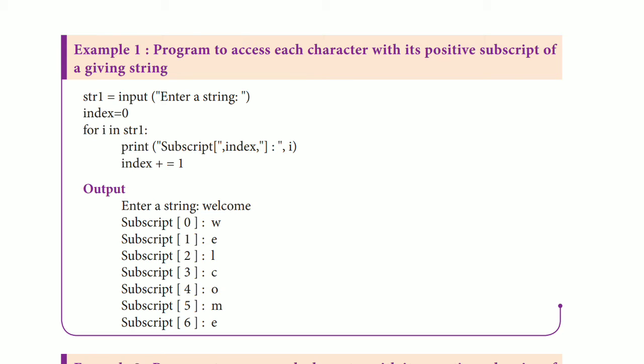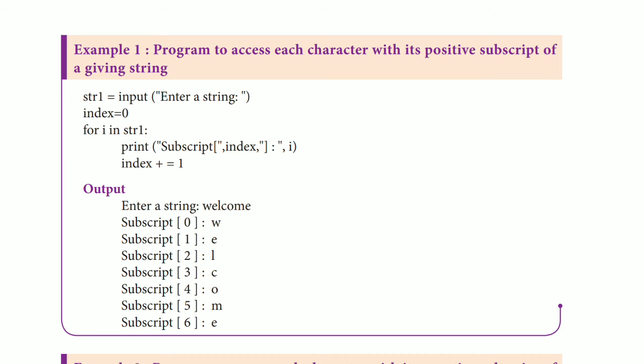They are going to get a string from the user, and with this indexing method print the word. The first line, str1 is equal to input, enter a string. The input is given to the computer and stored in str1.